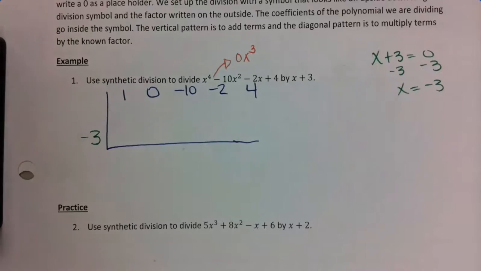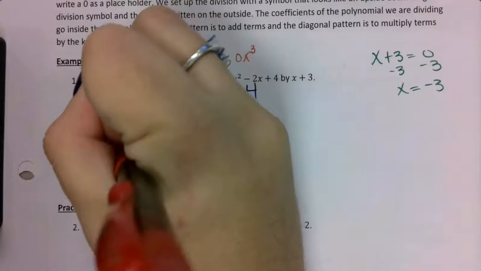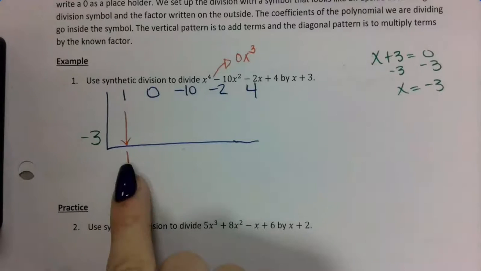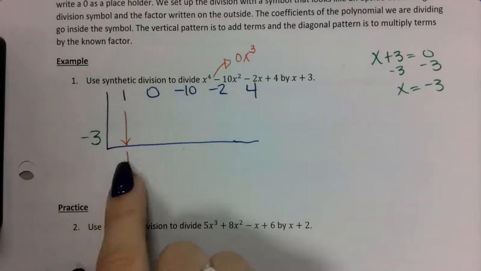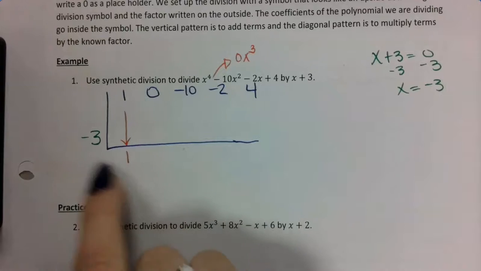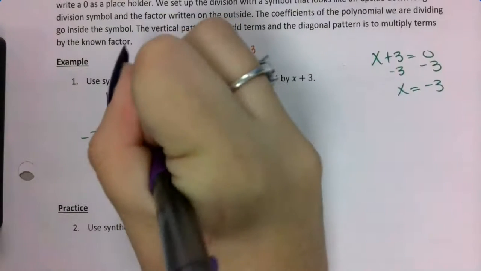Then I drop down my first number. I always take the number that's down here and multiply it by my number on the outside. So I have 1 times negative 3, which gives me negative 3.